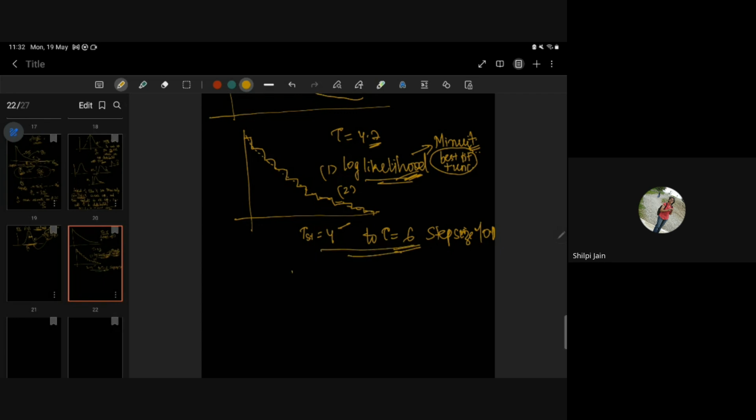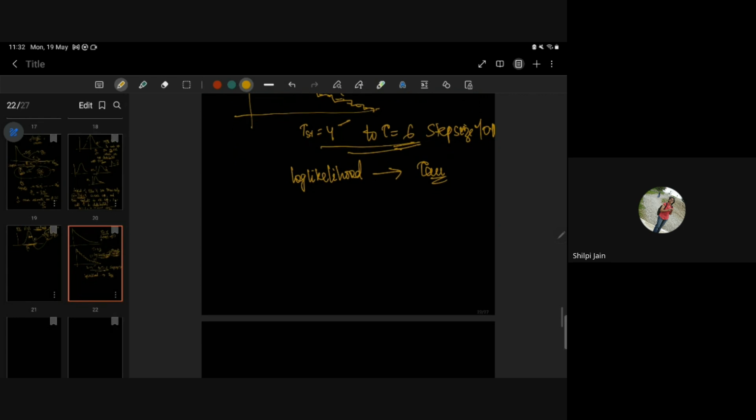Every time I will calculate the log likelihood corresponding to each tau parameter that I am looping over, and then I will plot minus 2 log L as a function of the tau parameter. You have to see what kind of function you get, what kind of shape you get. Okay. Then from this shape, you can learn a lot.